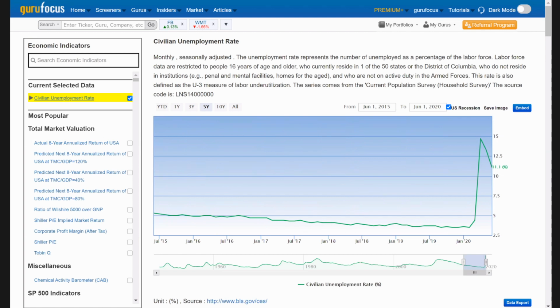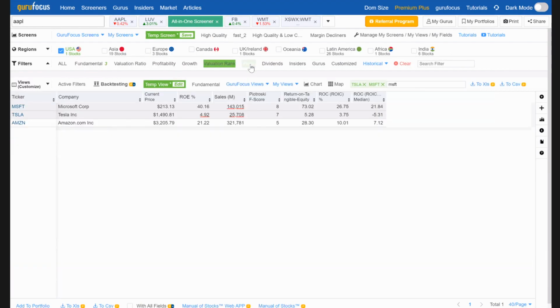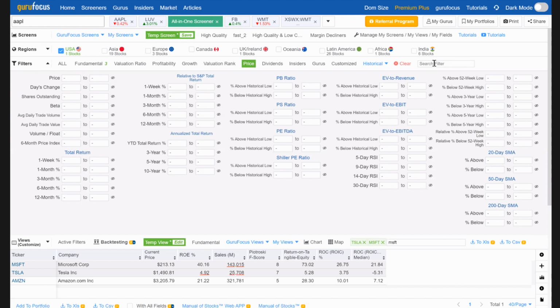Is there a search to see all companies falling within a PS valuation band? Yes, for valuation bands, as I showed here, you can use the valuation price screener under the price button.